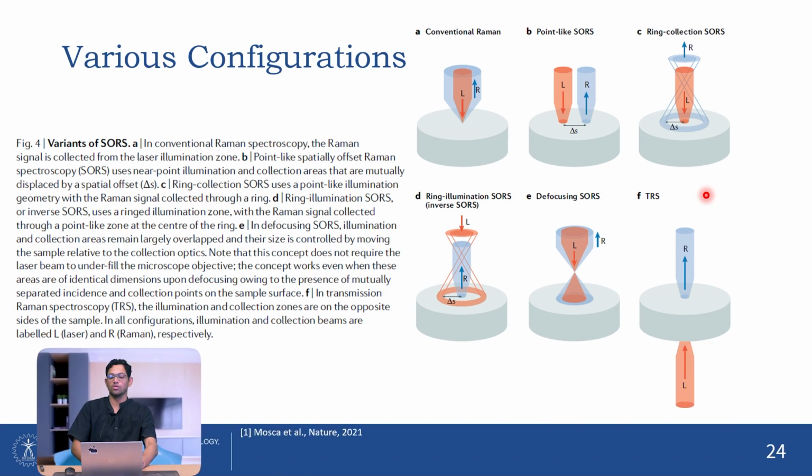There are various configurations in which Raman spectroscopes are available. This is the most conventional Raman spectroscopy, where you shine the light in the center and capture with the same path. You can also shine the light and detect it after it interacts deep inside the tissue, or you shine the light in the center and detect in an annular configuration.